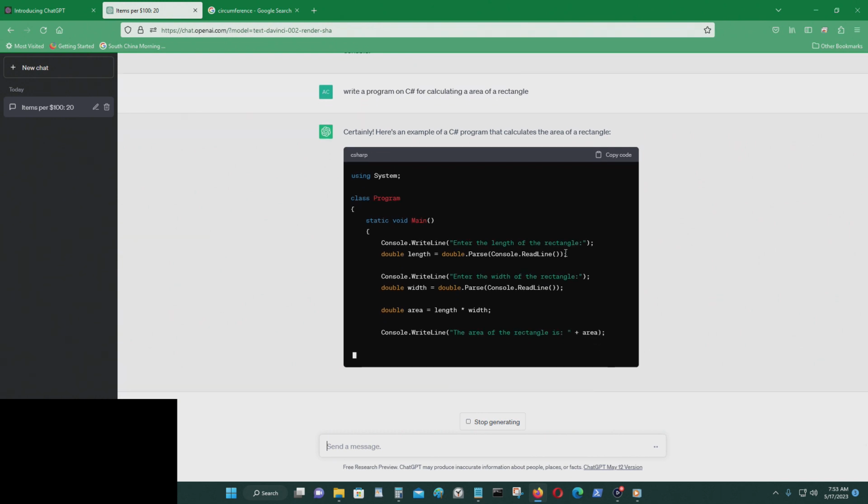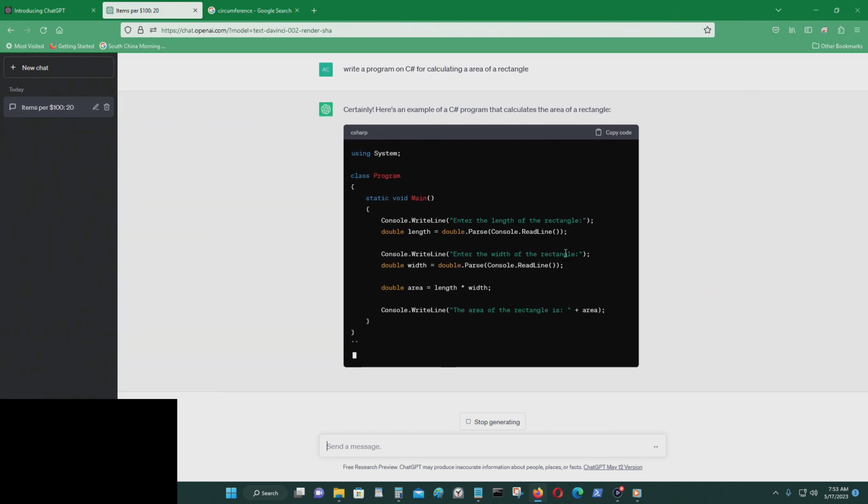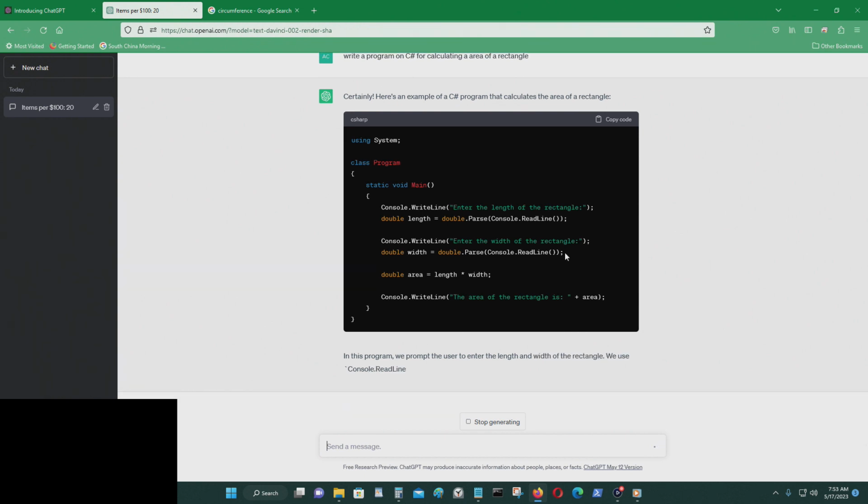I know if you put this in C#, this is going to work. So the user could input the length and the width, correct? Okay, the area of a rectangle is length times width. That's correct.